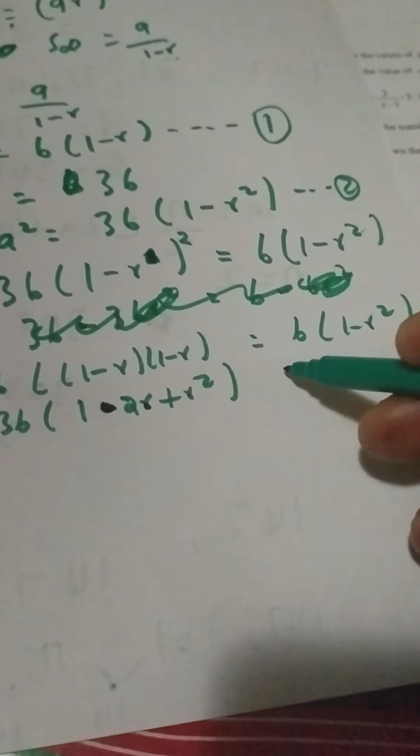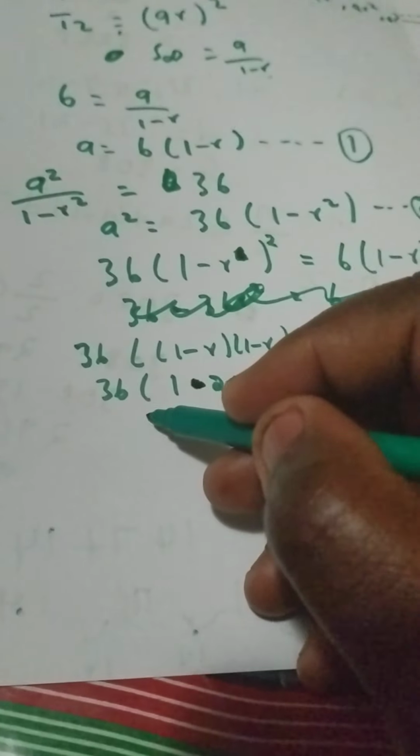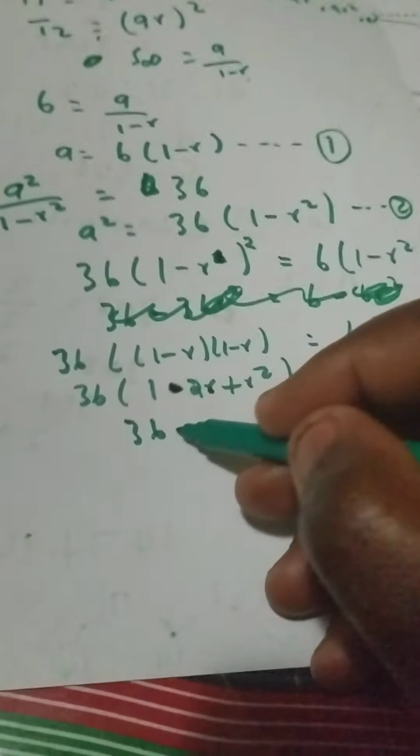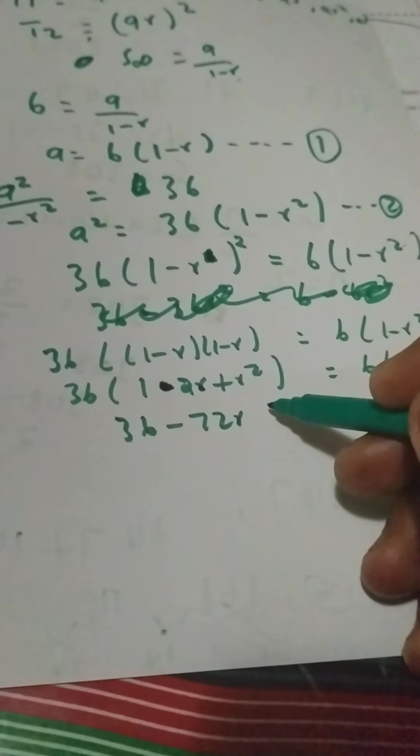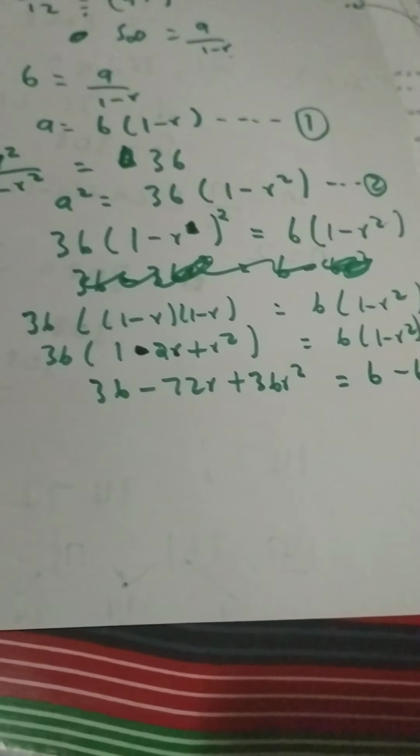And then 6, 1 minus r squared. Okay, we're getting there now. This will be 36, just to save myself time. This will be 36 minus 72r plus 36r squared is equal to 6 minus 6r squared.